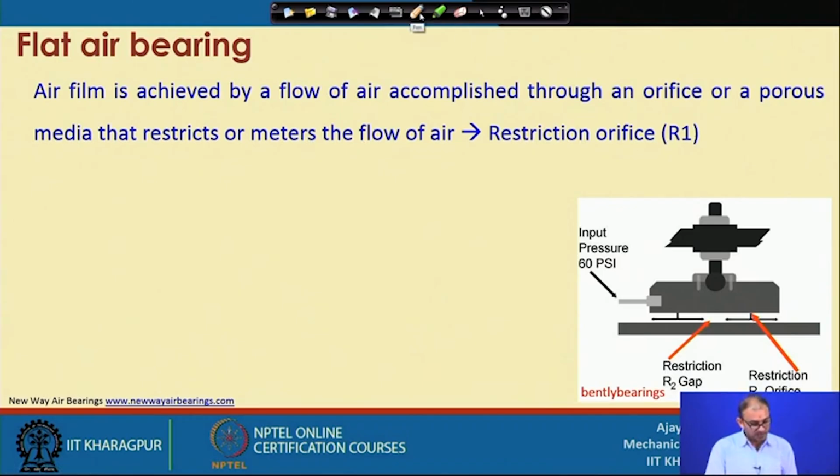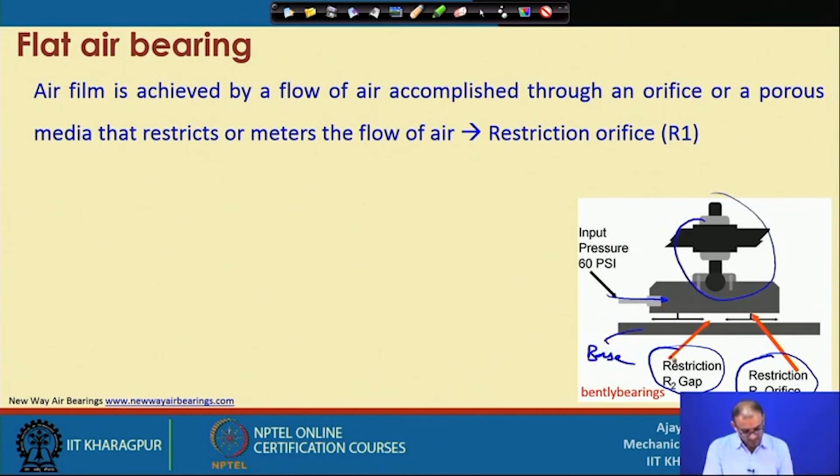Now, what is this restriction orifice? You can see here there are two things: restriction orifice R1 and restriction gap R2. You are providing the air supply from here, and this whole body is lifted on the base surface. So, this is the base and this is the body, correct.